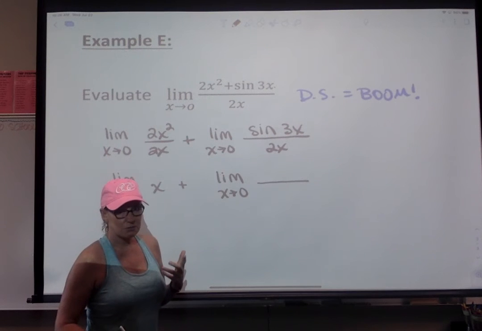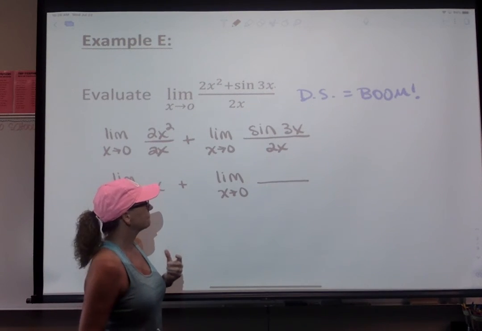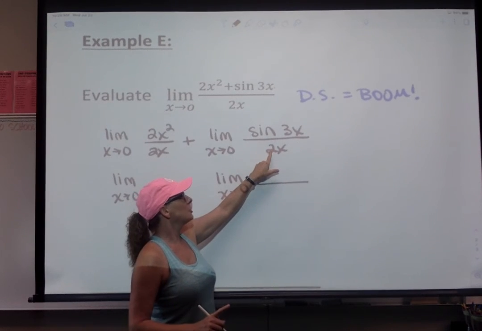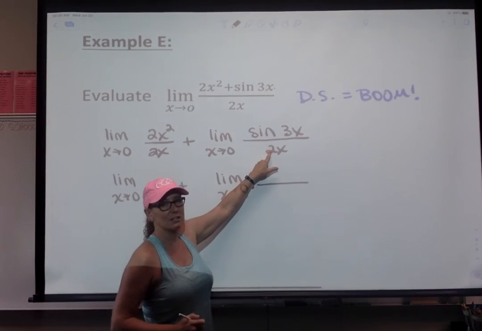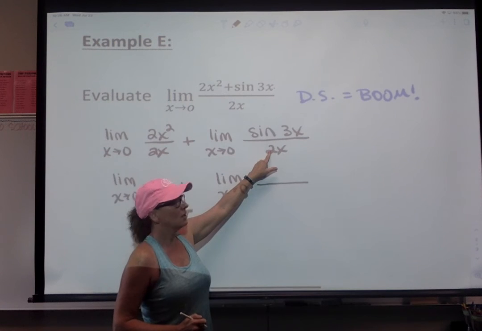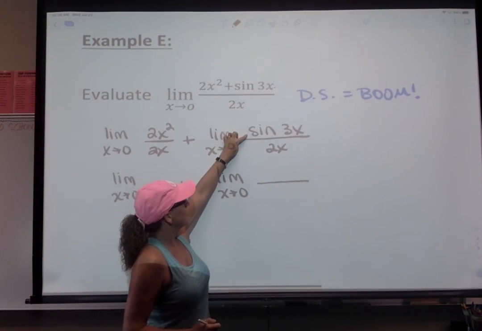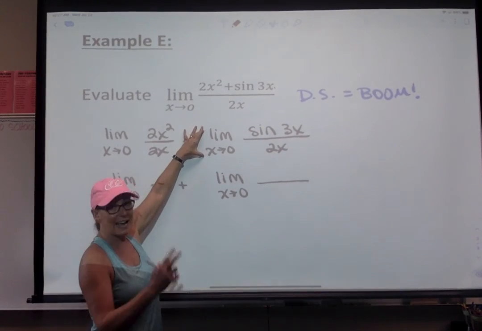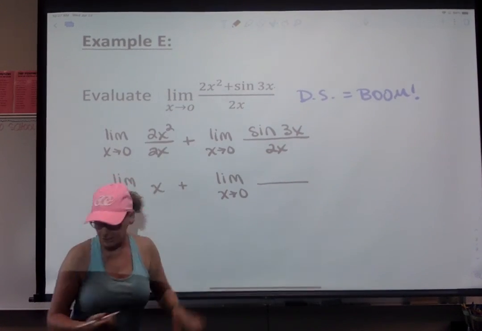Do they match? No. That's a 3x, that's 2x. So here's what I'm going to do. I'm going to pull off my constant. There's like a 1 here, and there's a 2 here. I'm going to pull off a constant of 1/2 and put it out in the front.